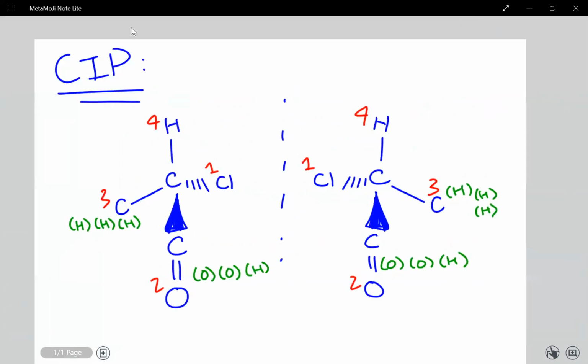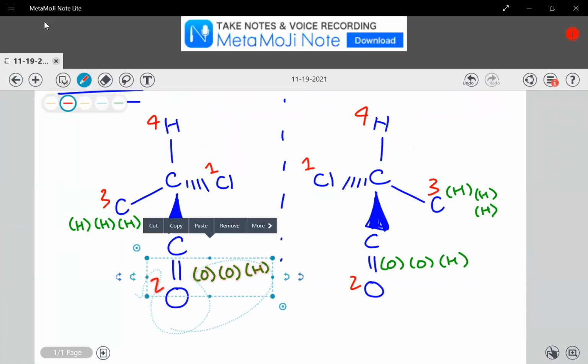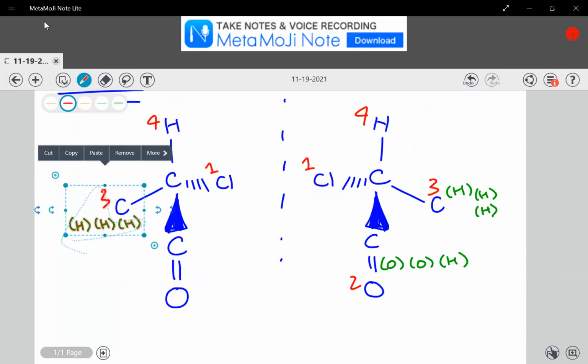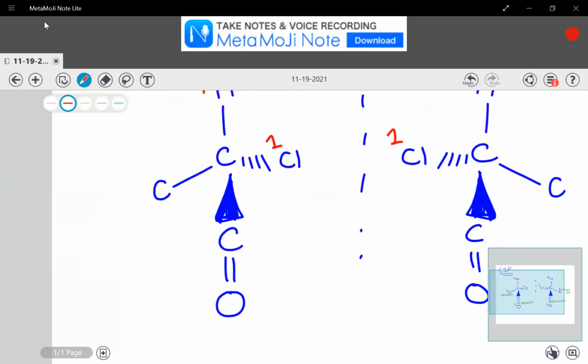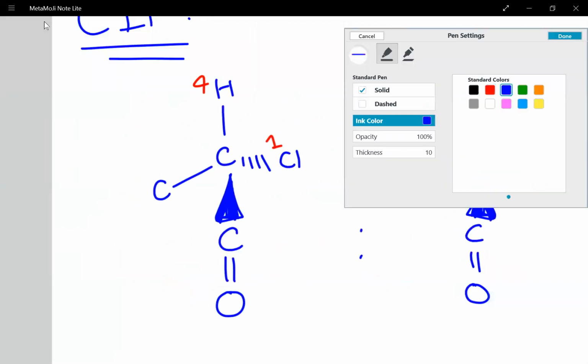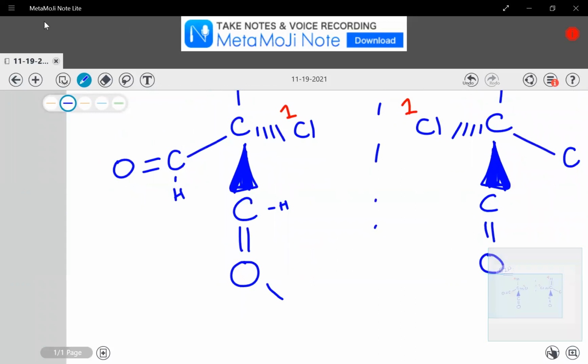Interesting fact, however: let's say we had, let me take these out, this carbon here, which is also attached to an oxygen, and the hydrogen, and the hydrogen, and this one attached to a sulfur.